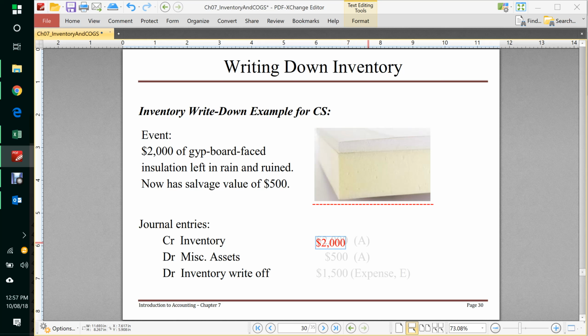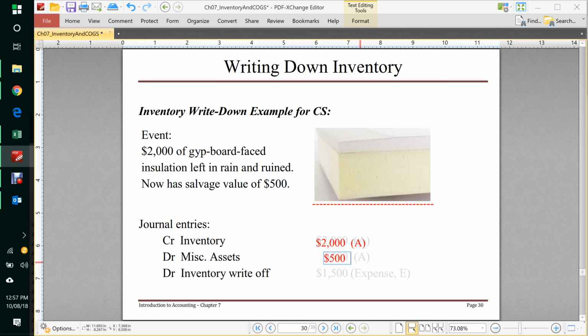And that's no. So we have to remove all 2,000 of that from inventory. Okay. And then we did get, through some kind of immaculate conception, salvage value of 500.